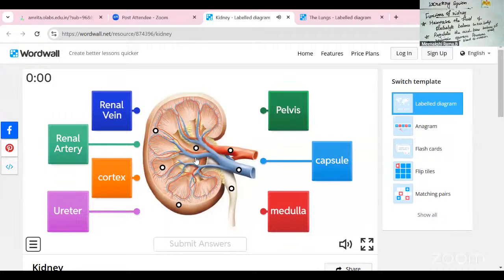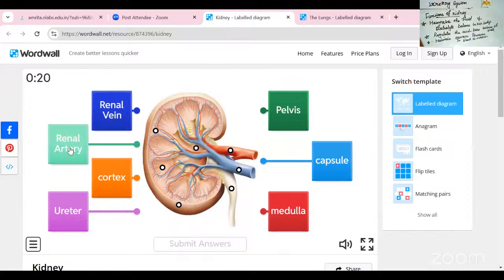So the same way, I'm going to show the kidney. It is a bean-shaped organ. So this is the kidney structure. Now we are going to find the correct parts of the kidney. What are the parts?